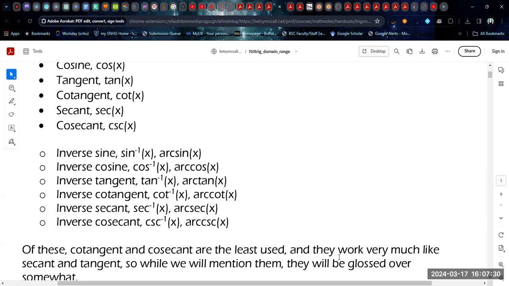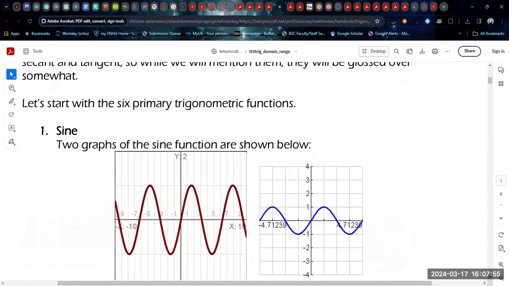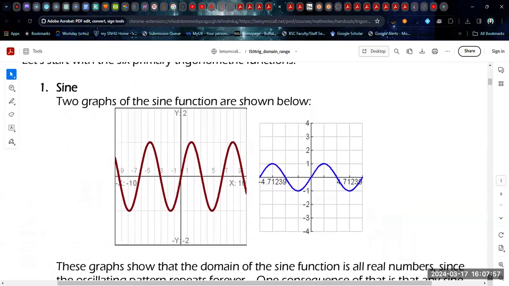We will talk a little bit about their domains being in slightly different places because of where the asymptotes are in the originals. But fundamentally, if you keep those slight differences in mind, then you'll be able to work with them basically by just keeping those similarities straight. So let's start with the sine.